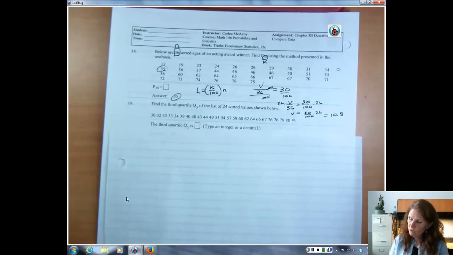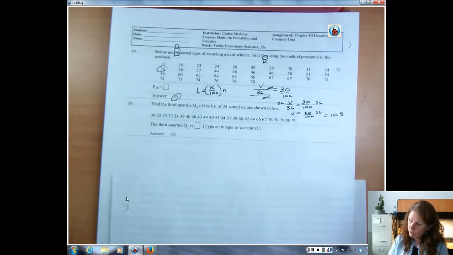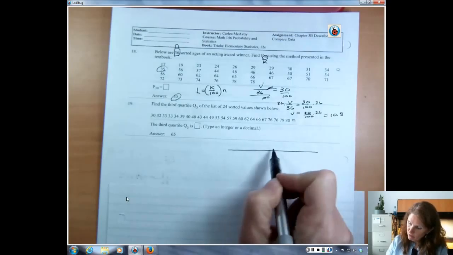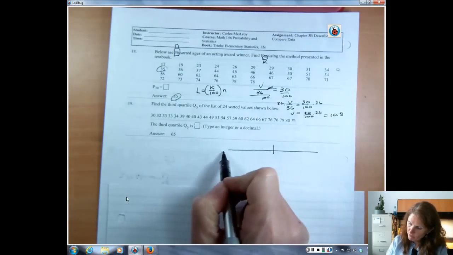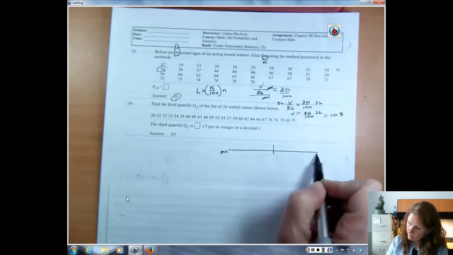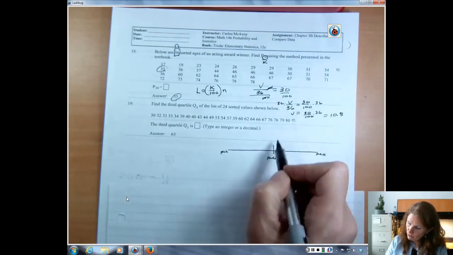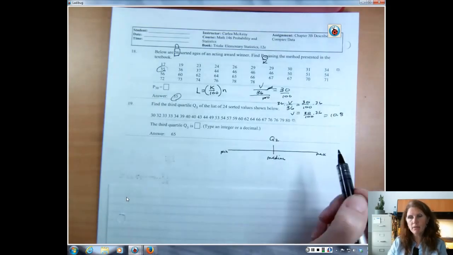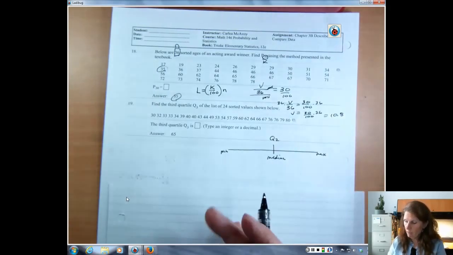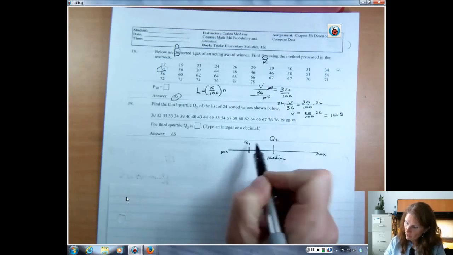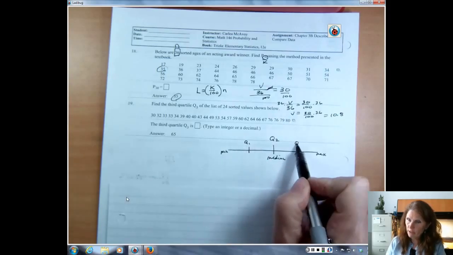When they ask you for quartiles, third quartile, first quartile, it goes like this. In the middle of your data, this is the minimum, this is your maximum, this is your median, and that's also the second quartile. That's the halfway point. There's quartiles dividing up into 4 parts. Here would be your first quartile, and over here would be your third quartile.